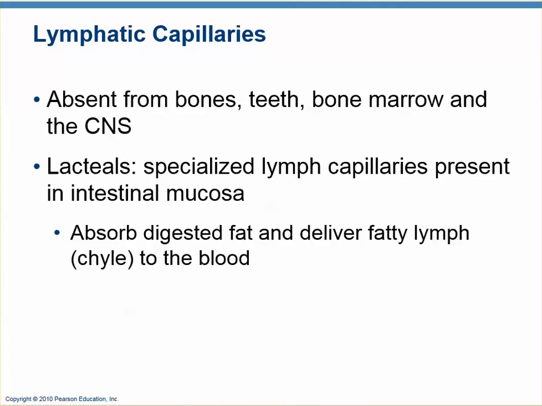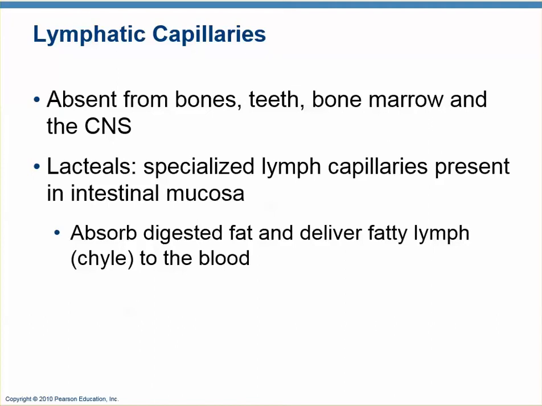That's because the bone marrow and the bones have sinusoidal capillaries that function. There's no need for lymphatic capillaries because those blood capillaries are way more permeable than normal blood capillaries. The central nervous system doesn't have them because of cerebrospinal fluid. There's no need because of the cerebrospinal fluid.